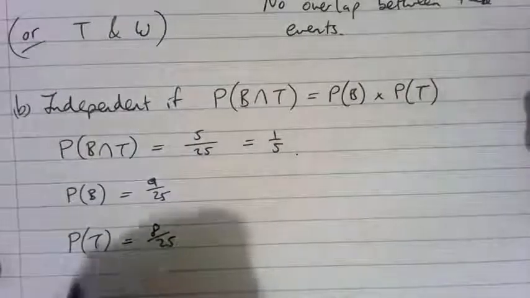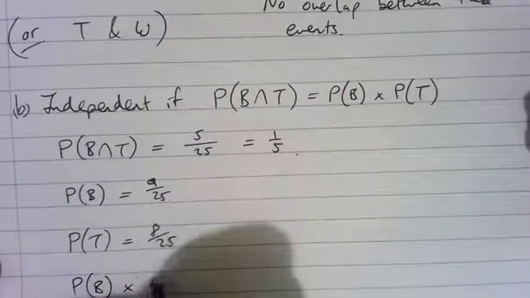So what's the probability of B times the probability of T?